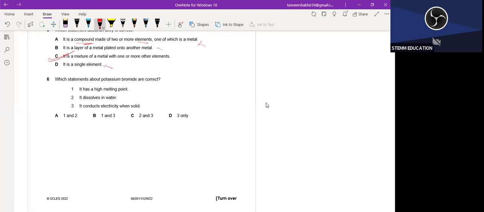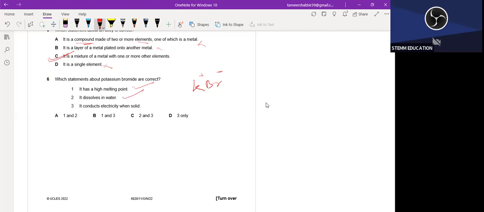Now question number 6. Which statements about potassium bromide are correct? Potassium bromide is KBr, and it is an ionic compound. So it has a high melting point. Yes. It dissolves in water.